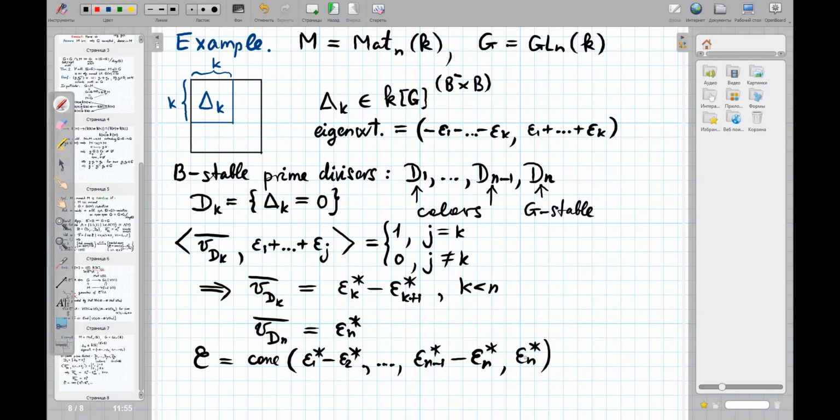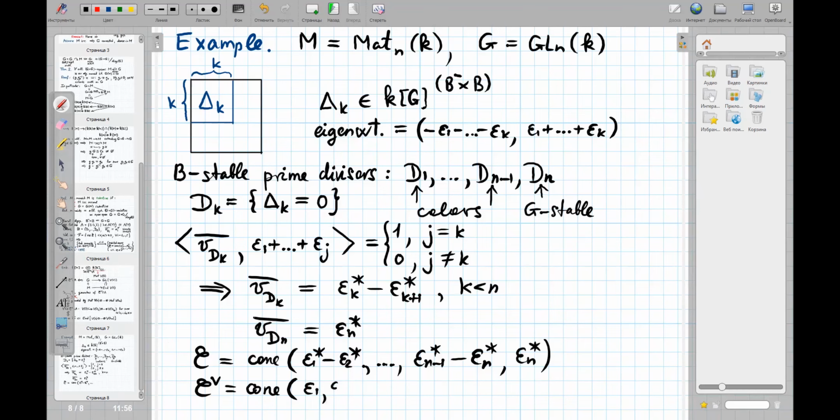This is the cone C, and the dual cone C check is clearly generated by the vectors of the dual basis. So it is generated by exactly the eigenweights of delta K's. So these vectors will be the dual to this tuple of vectors.